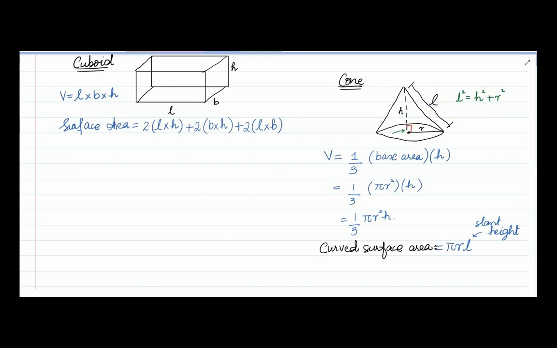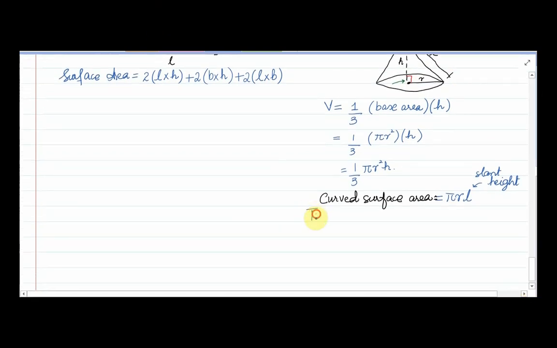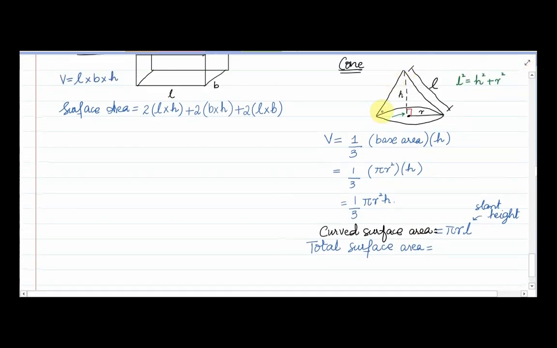Now after the curved surface area, we need to find total surface area. Now total surface area is what? It is basically the curved surface area, or you can say the faces that you can touch. If you see the cone, you can touch this part, right?